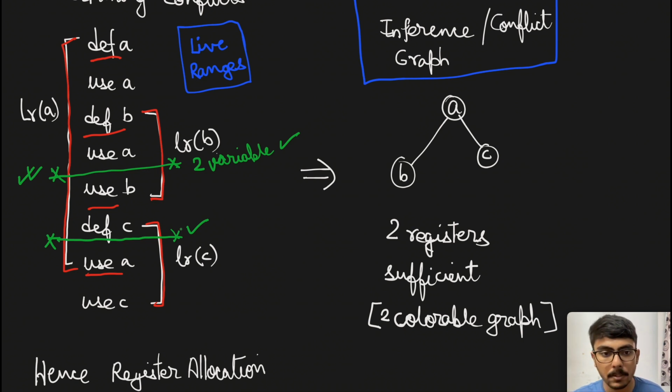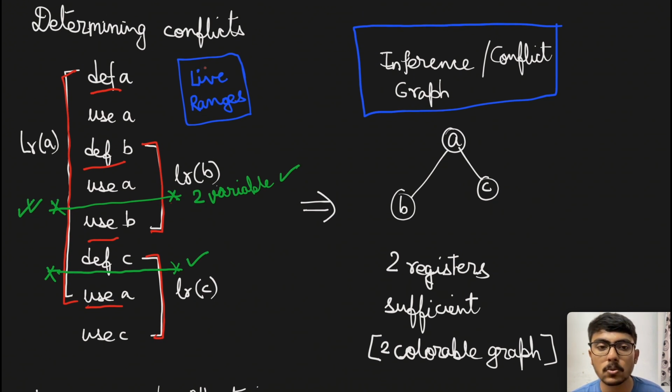But if it had been more than two, let's say we have another one here, then it will not work and we will say that two registers will not do the job in our case, right? But that is not the case. Let me erase this. I hope you understood what is live range and how we need to determine it.